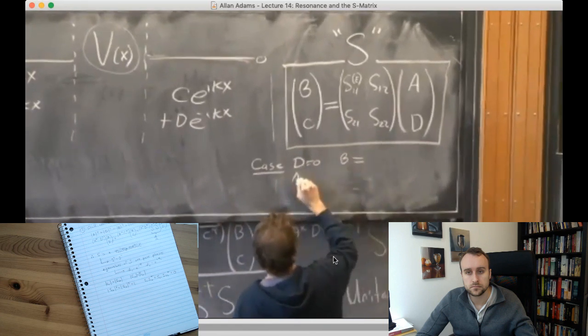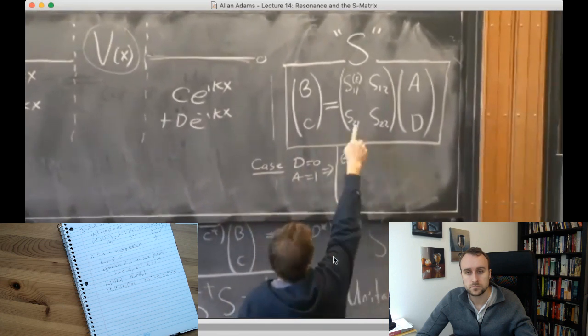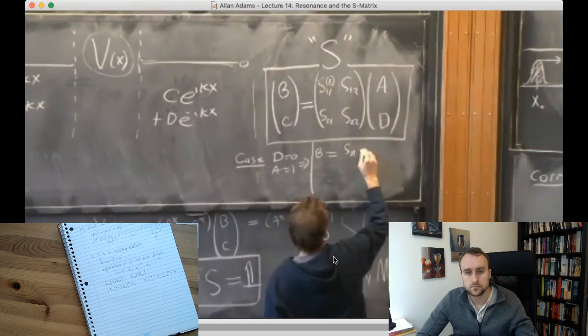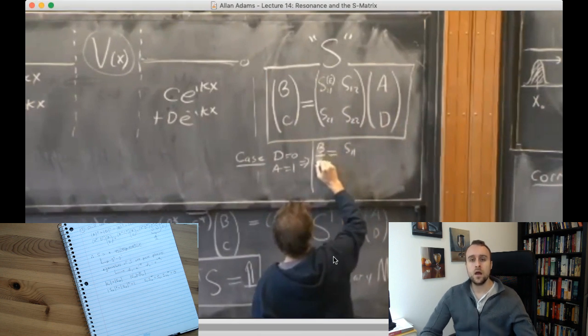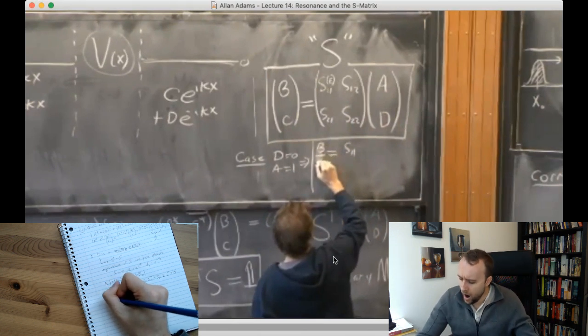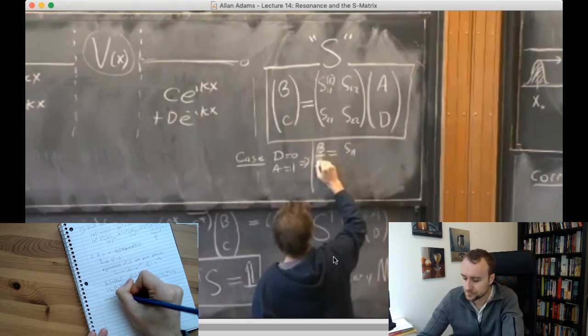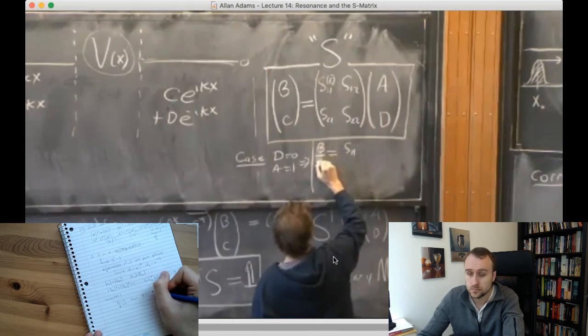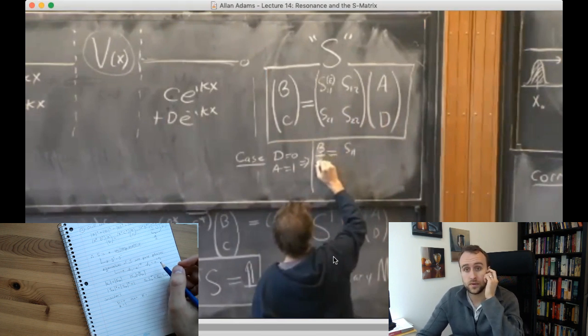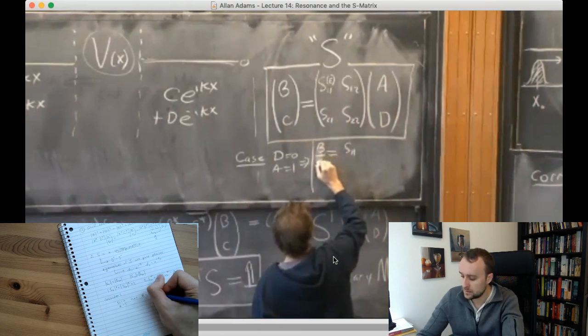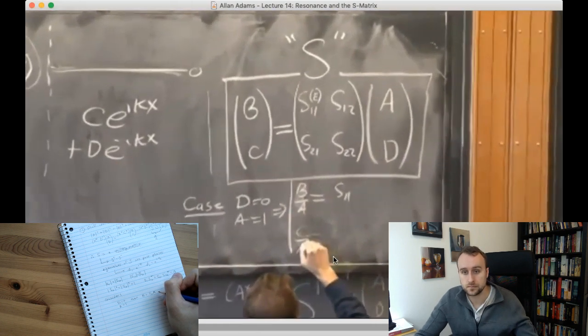It tells us that with A equal to 1, B is just S11 A. So B over A is S11. And similarly, C over A is S21.